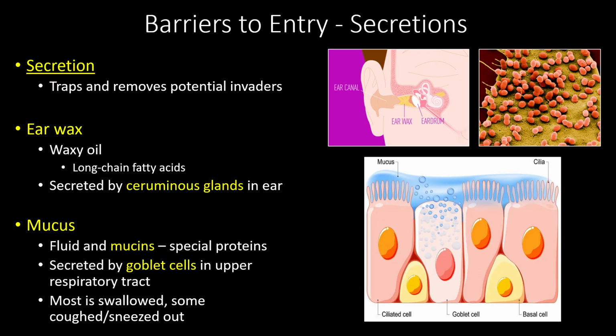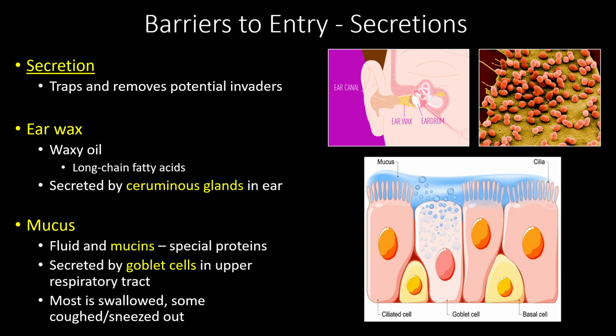In addition to our skin, we also have different secretions that help us protect the body. Some of those include our earwax, our mucus, things like that. These are really useful for collecting and trapping a lot of potential invaders that make their way into these different orifices of our body. Our earwax is really waxy, obviously.